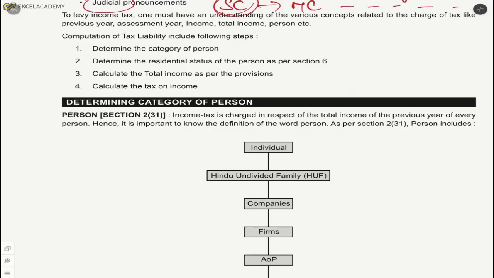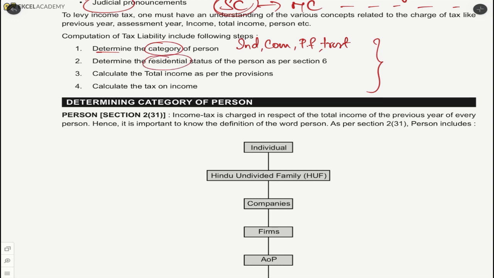Now let us look at the steps which we need to follow to calculate the tax liability. The first thing which we need to do is determine the category of the person as to whether it is an individual, company, or partnership, firm, trust, HUF, etc. Once we determine the category of the person, then we look at the residential status.